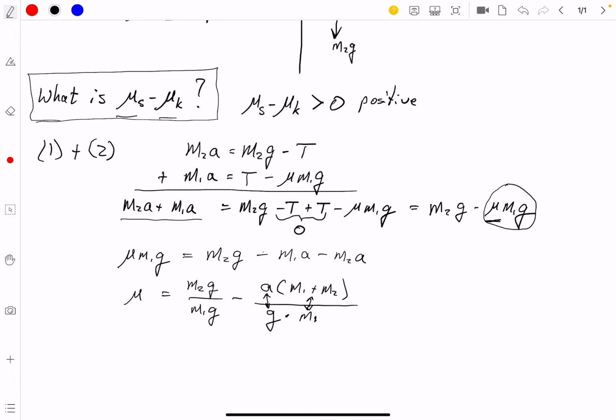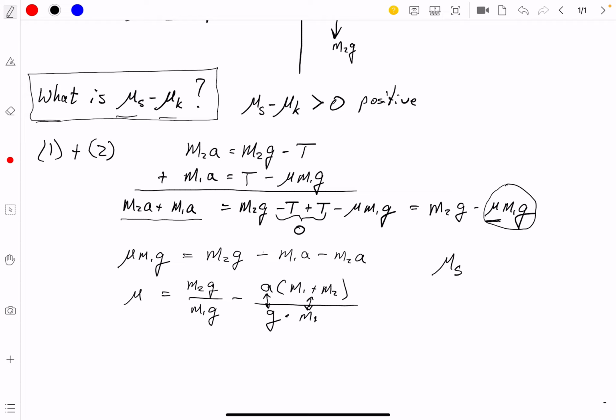Now, we want to have mu static, and we want to have mu kinetic. So let's look at what happens when mu is static. All right.